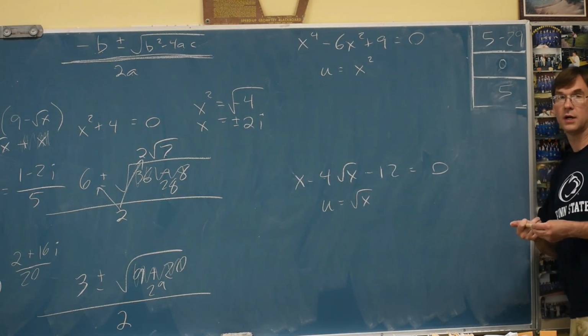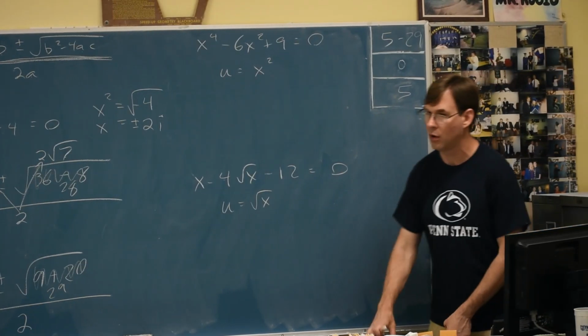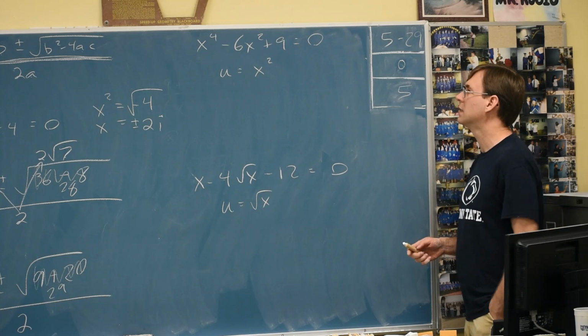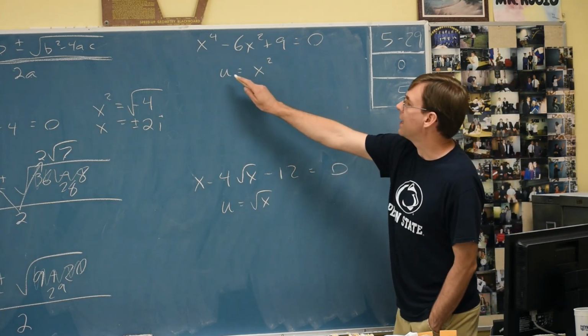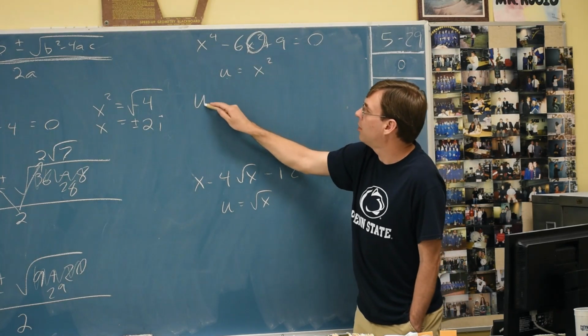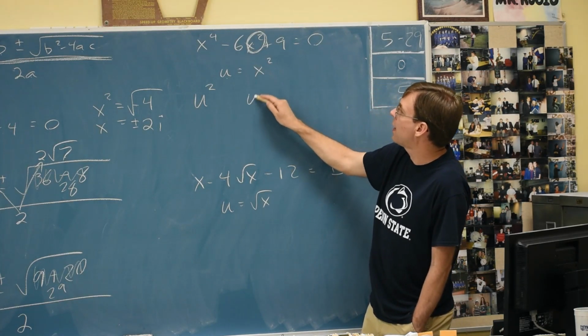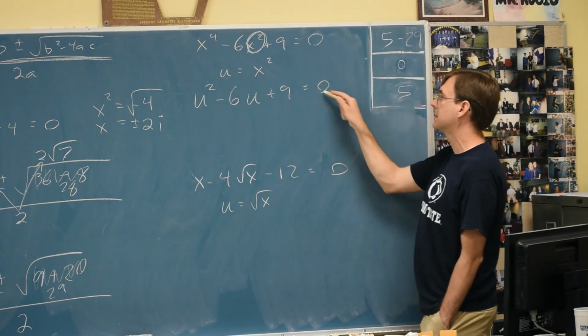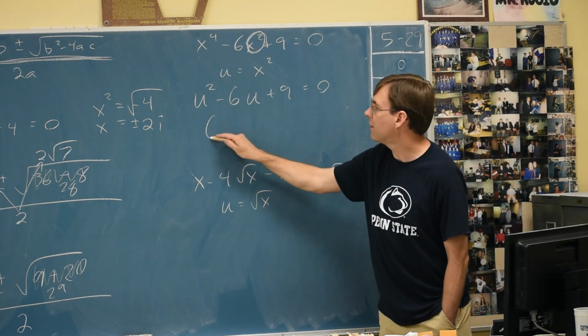59 is about where the quarantine started. There was a video I remember on a few of these problems, page 364 or some such thing around there. We let u equal the middle variable piece, and then the problem gets renamed with a u squared and a u. But all of the numbers and signs remain the same. And then we factor.